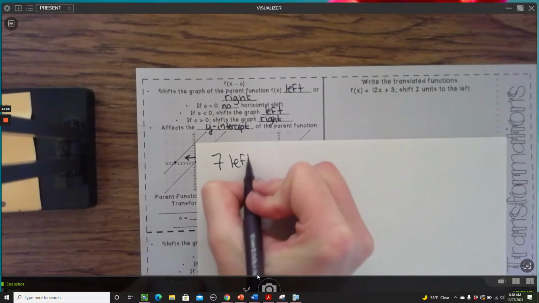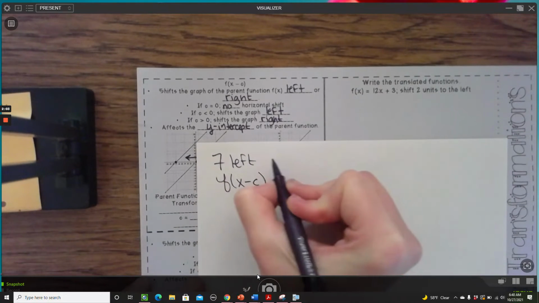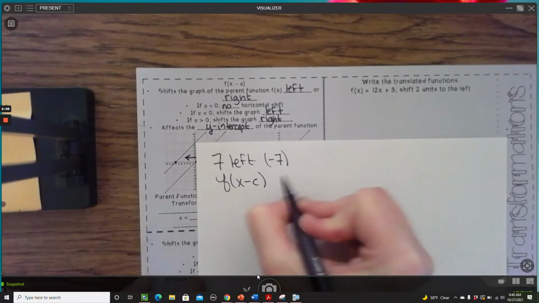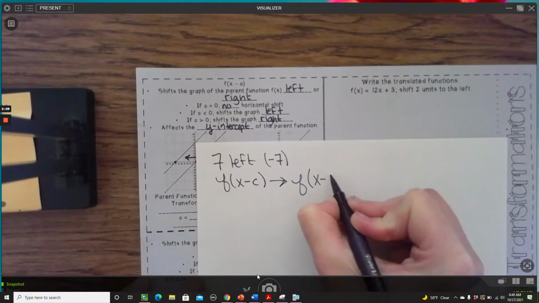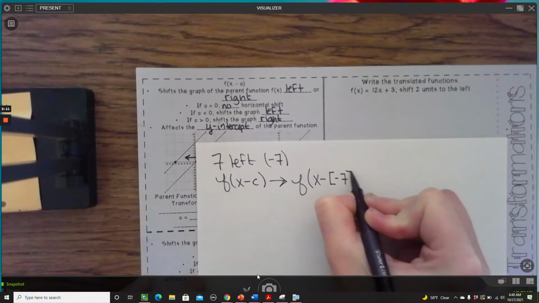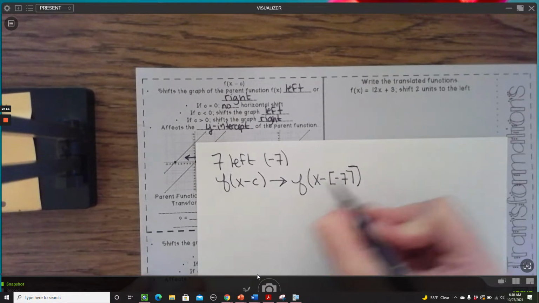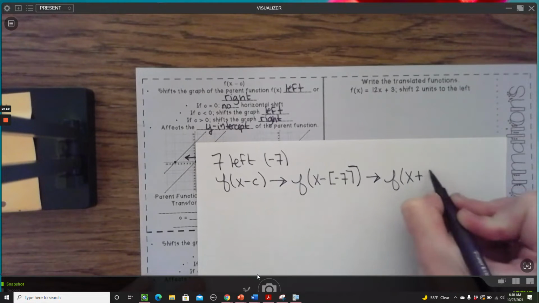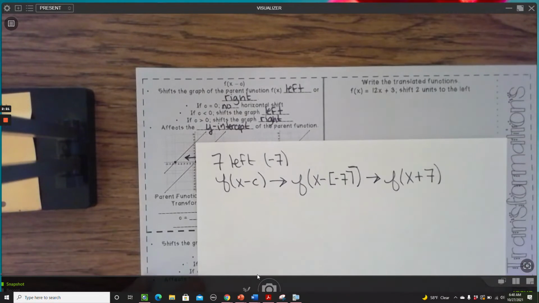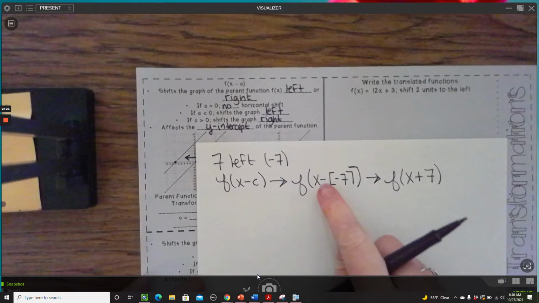So if I write this rule, it moves 7 left. My rule is f of x minus c, and 7 to the left is a -7. So if I plug that value in for c, I get minus a -7. Remember our rule here, we don't like to subtract a negative. So I would write that as f of x plus 7, because minus a negative turns into addition.